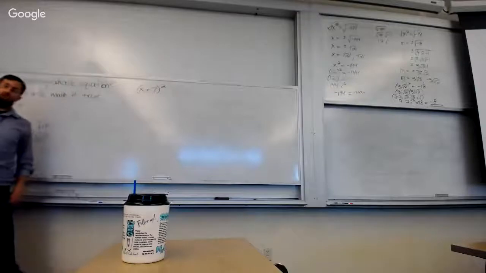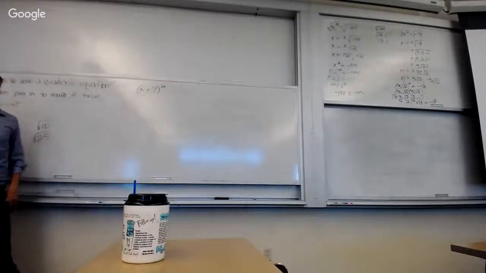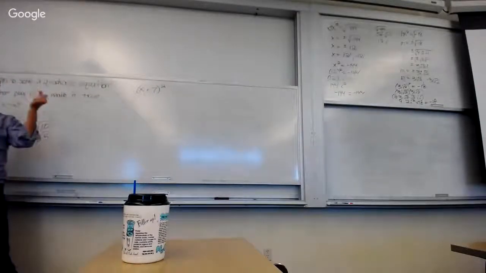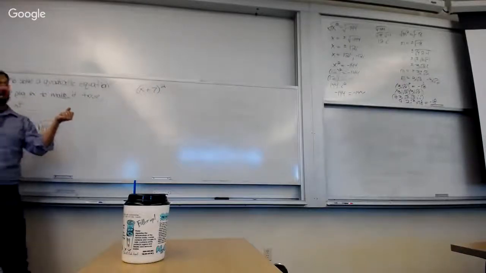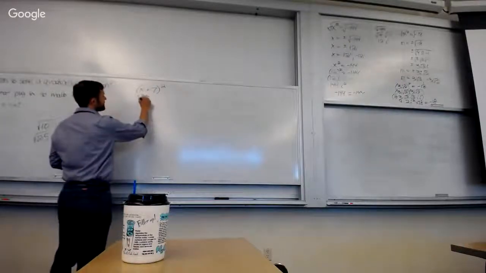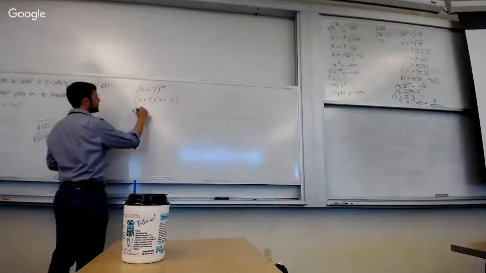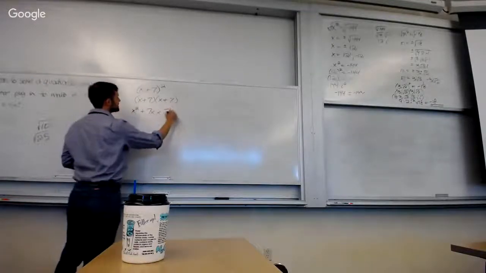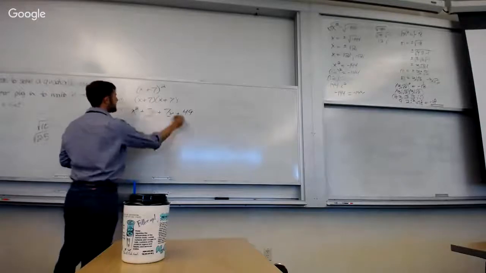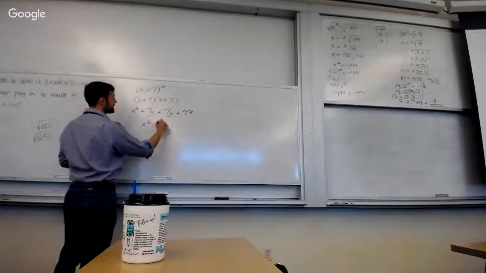I would like us to all be comfortable with a shortcut so that you can write down the answer without doing FOIL. FOIL would look like x plus 7 times x plus 7: x squared plus outer 7x plus inner 7x plus last 49. Combine like terms and you get x squared plus 14x plus 49.